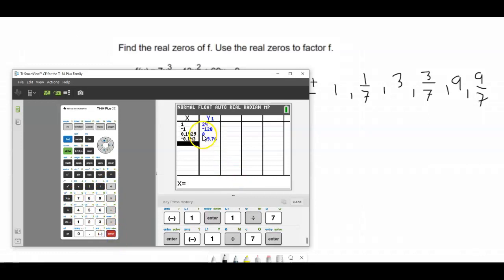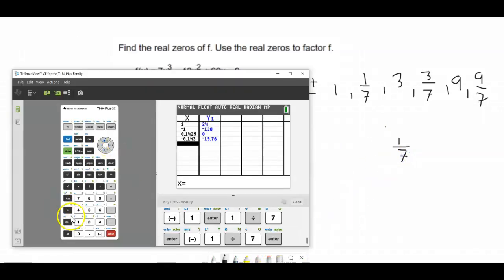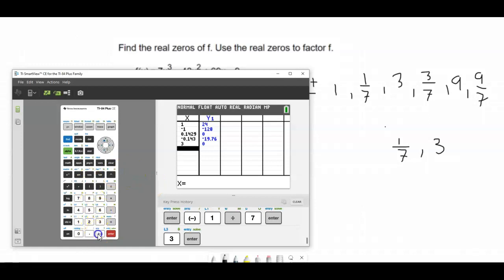And so positive 1/7 is going to be one of our solutions. So I'm going to write that down here. That's one of our roots. And then I'm going to keep going here. And we're going to do 3. Oh, there's another one. Remember, because we get a 0 back. And then negative 3. And then 3/7.